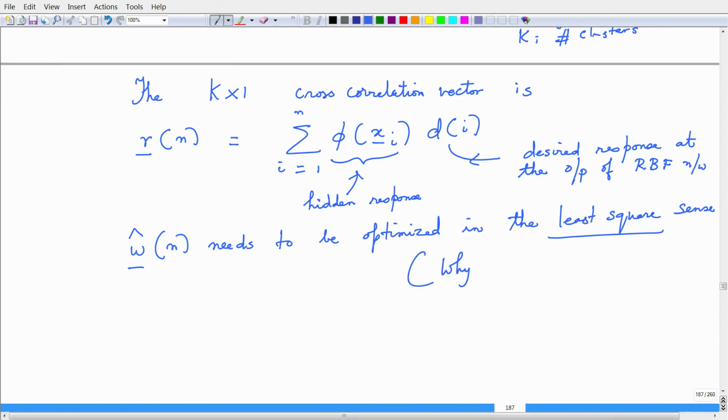Because R inverse is order n cube complex, because inversion has complexity on the order of n cube, where n is the number of data points, and it is computationally difficult.